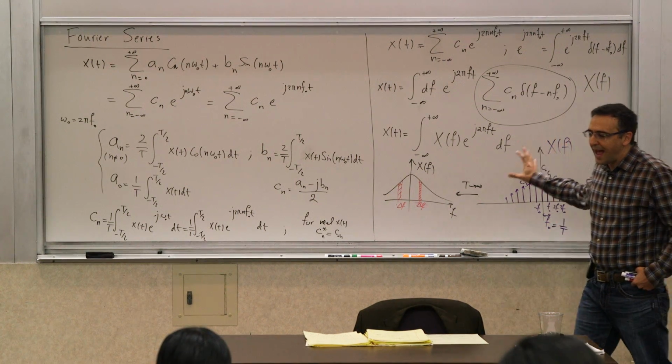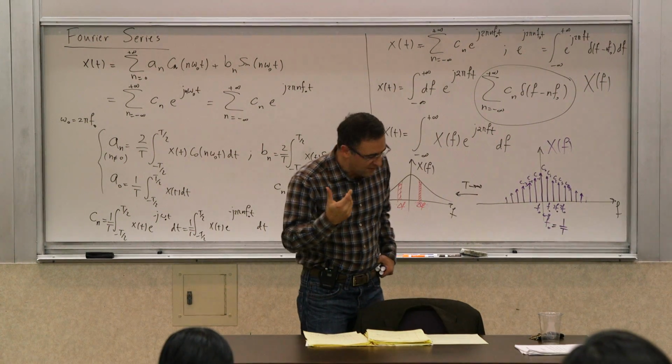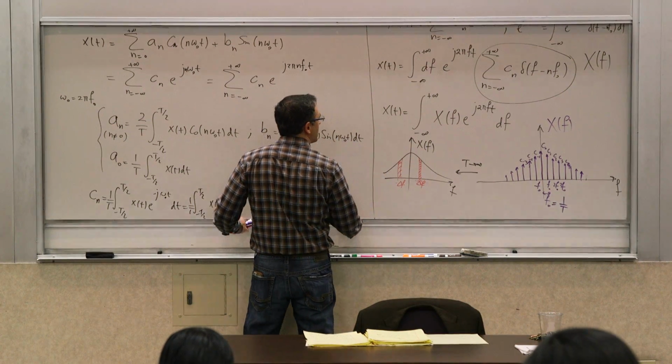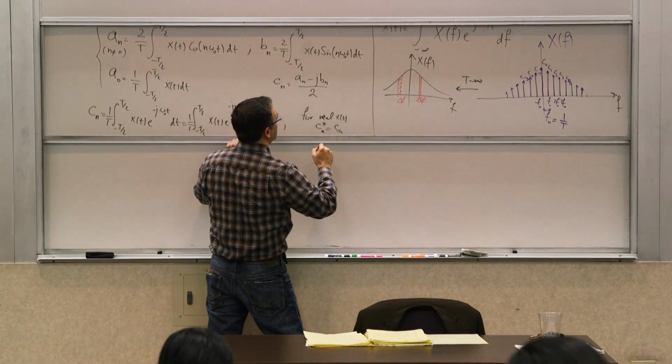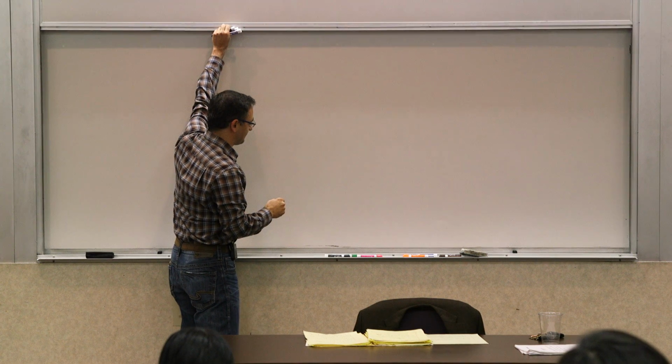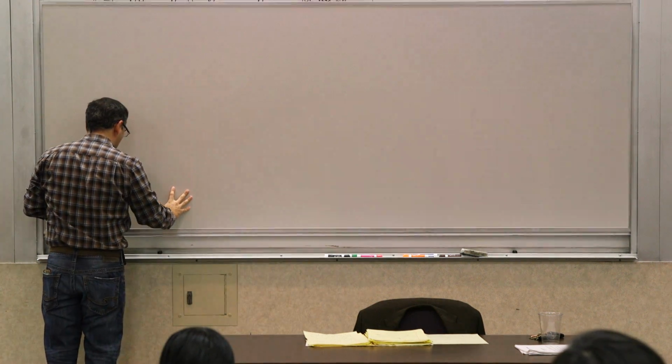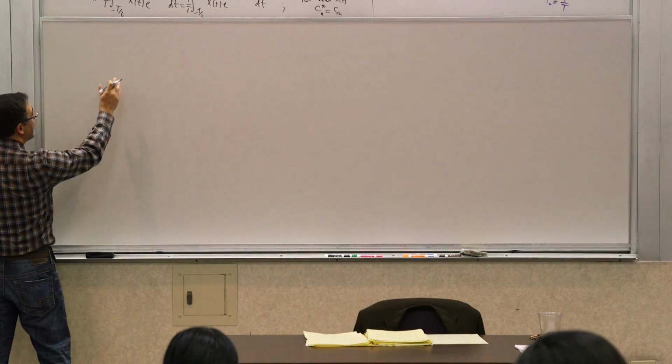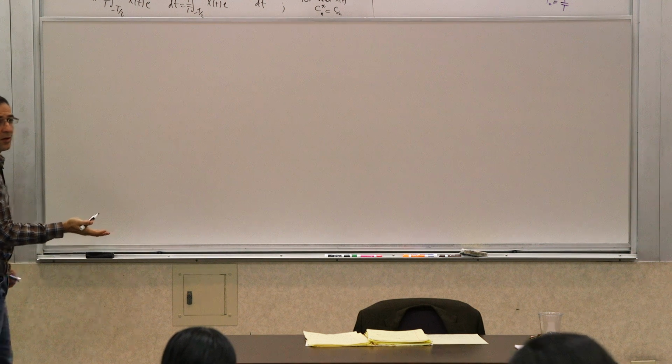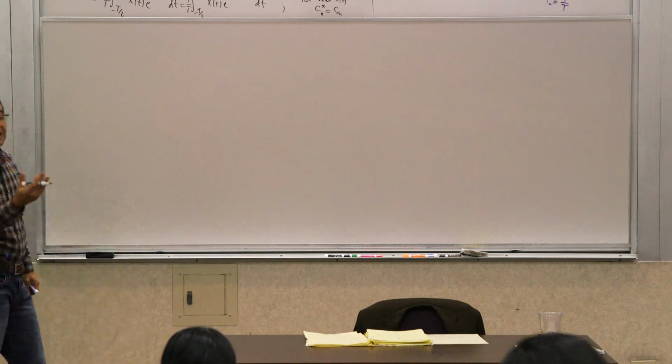But anyway, that was this concept of spectrum, right? And that led us to, now if you look at this expression, I'm going to rewrite it here. It says that's a way of constructing the signal from this capital X of f.